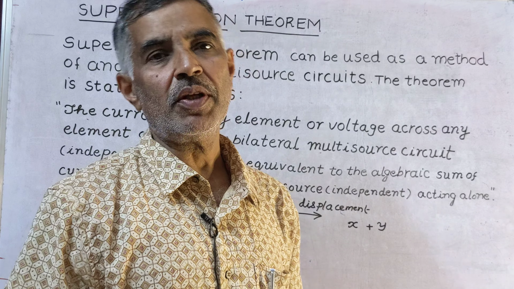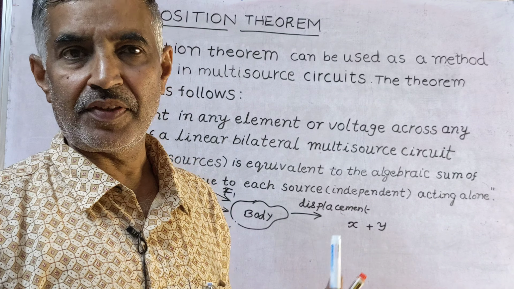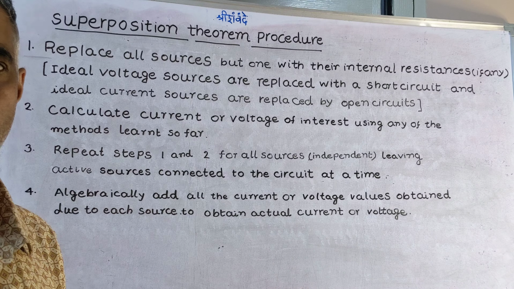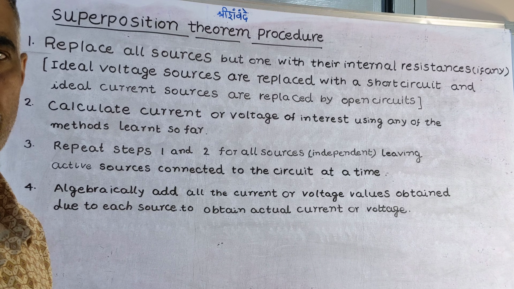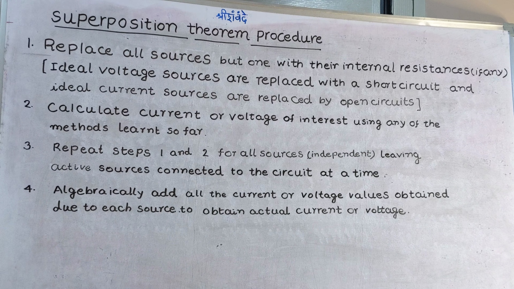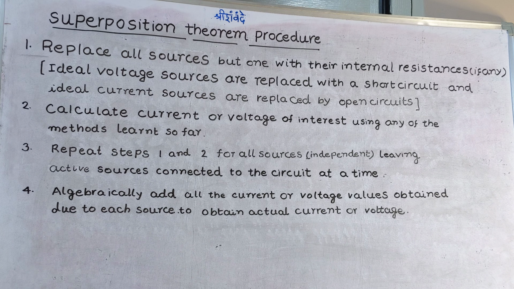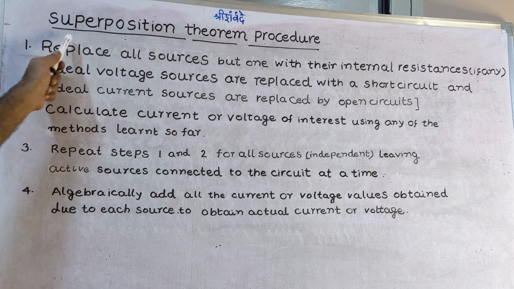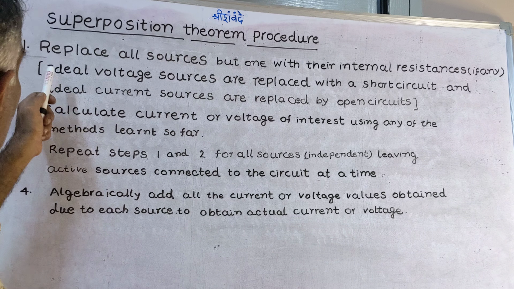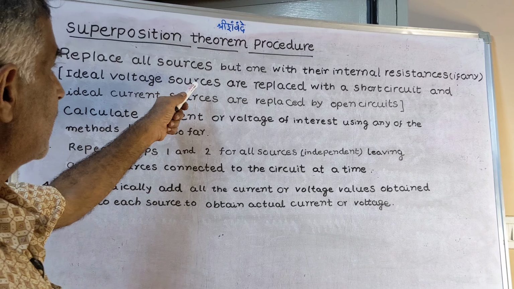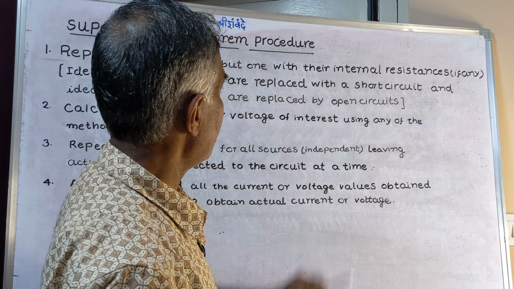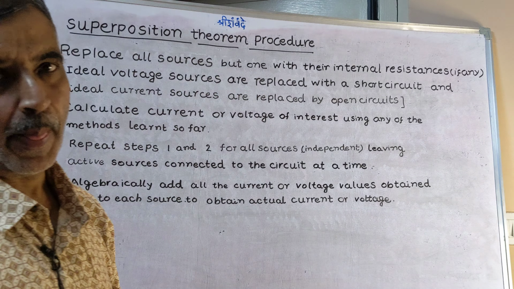Now, I will give the procedure for the superposition theorem, in the form of contents. Superposition theorem procedure: replace all sources but one with their internal resistances, if any.